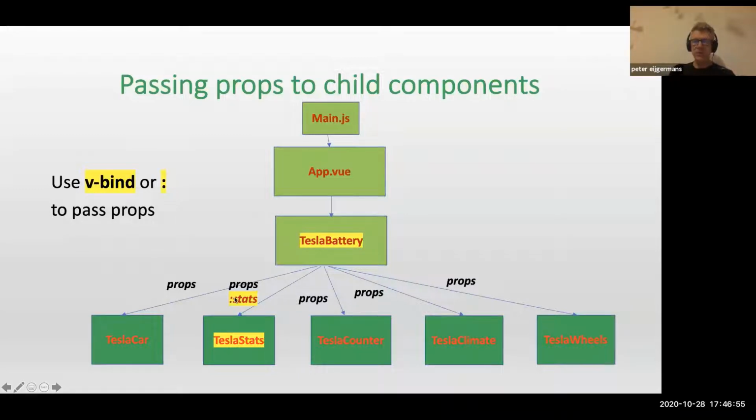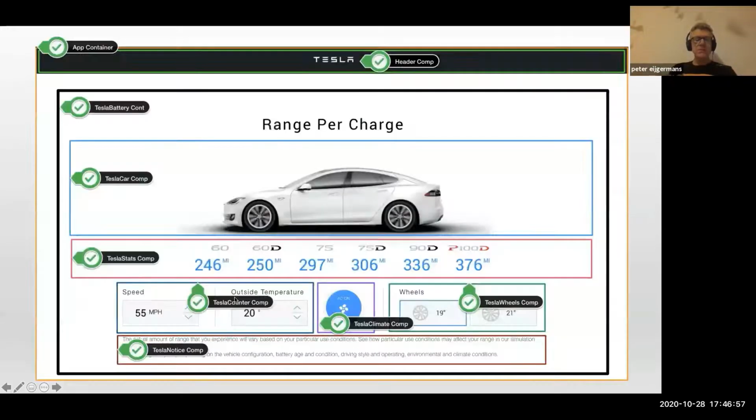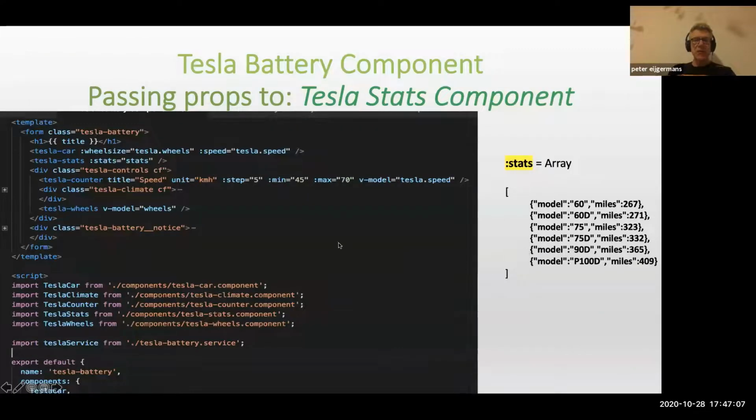You see my mouse. The Tesla stats component is this red box. And how do we pass this array to the child component?